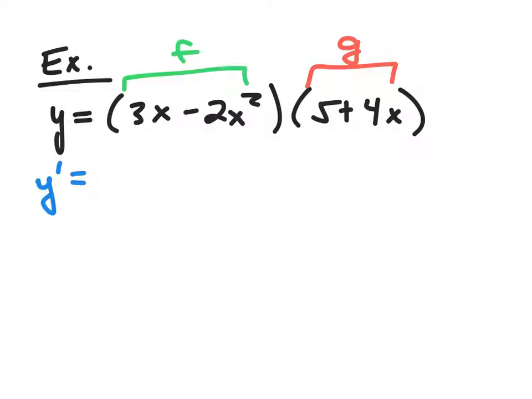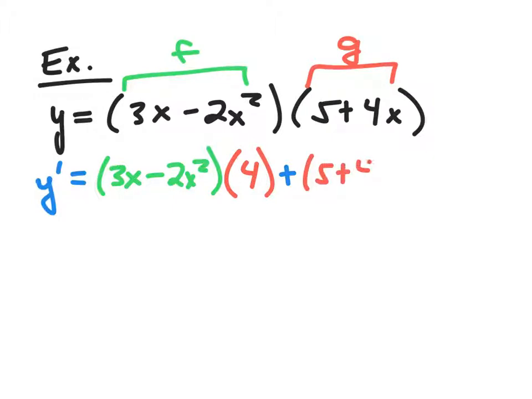Product rule says I take the first, which in this case is 3x minus 2x squared, multiply it by the derivative of the second, so multiplying by the derivative of 5 plus 4x, which goes to 4. I'm going to add that to the second function, which is 5 plus 4x, times the derivative of the first, and the derivative of 3x minus 2x squared goes to 3 minus 4x.